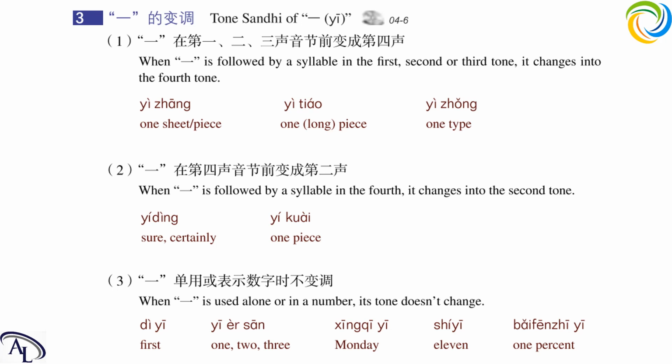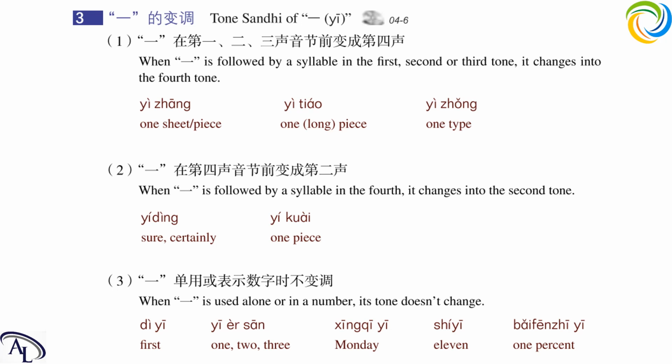Let's see here. When 一 is used alone or in a number, it is the first tone itself. It won't change. For example, like 第一, 一 in 第一 means first. So 一 won't change. Next, 一二三 means 1, 2, 3. It is used in numbers, so it won't change too.